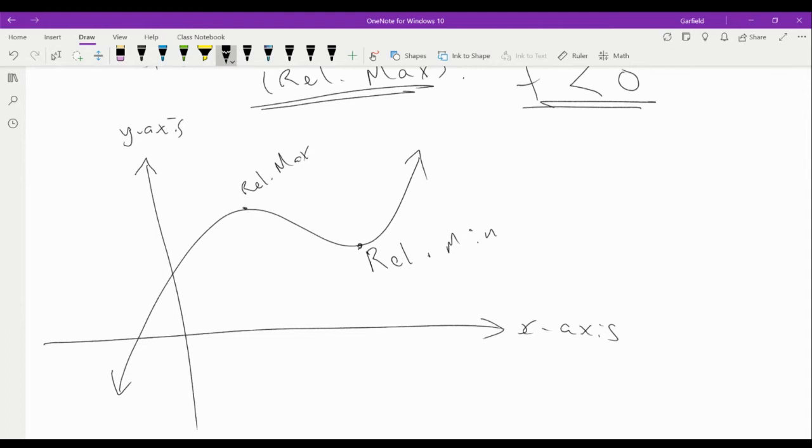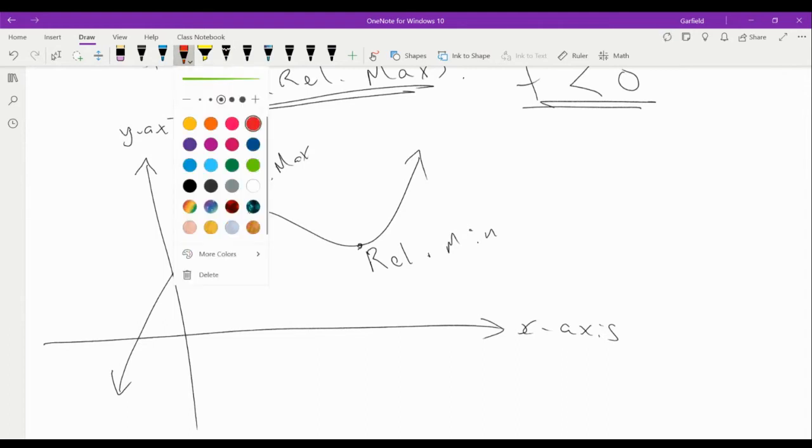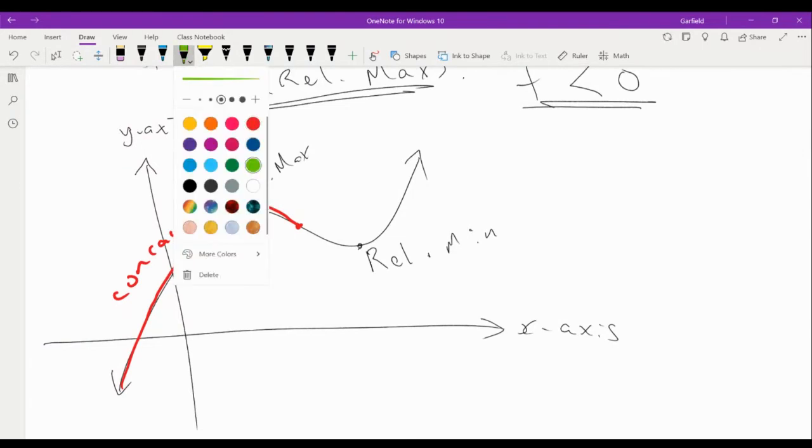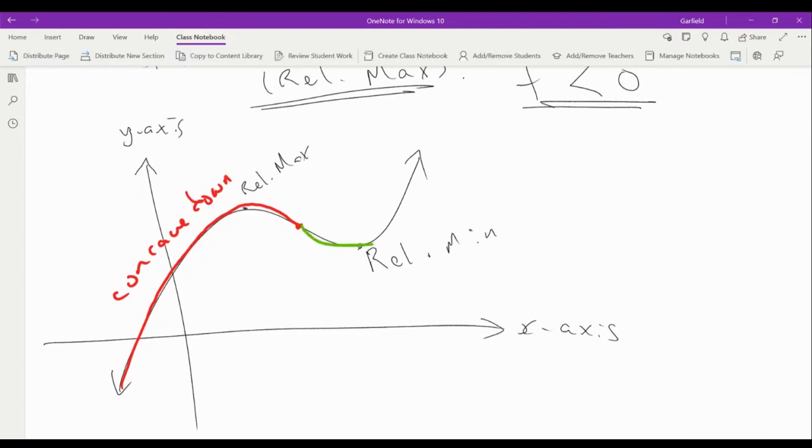What I'm interested in right now is this point right here, where the two curves join. You'll notice that the curve on the left side, this piece, is concave down, and the piece on the right side is concave up. Do we all agree with that?